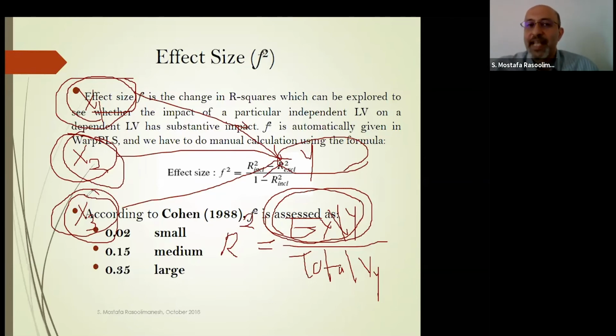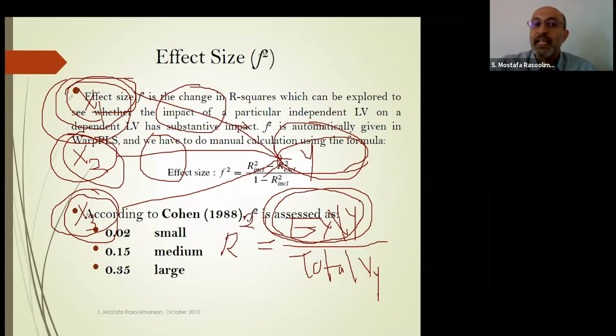So we can understand the importance of each variable to predict the dependent variable, and the power of this relationship. Based on effect size, we can compare the power of these three variables together.